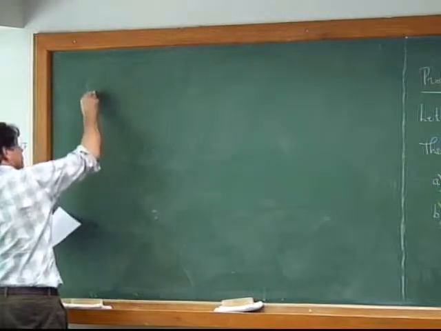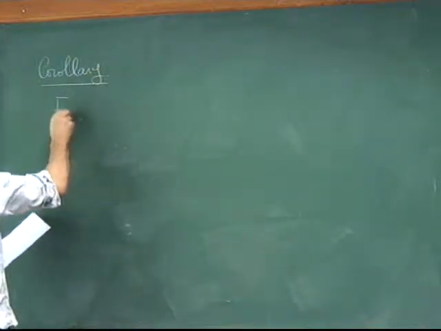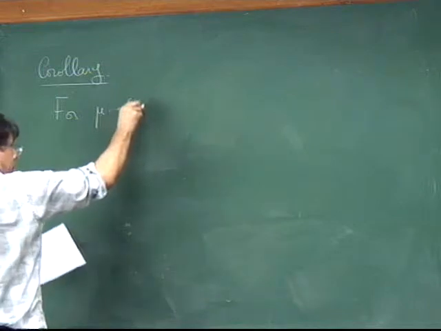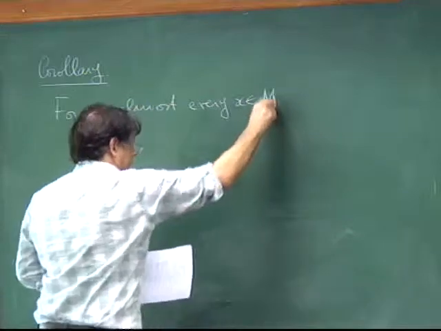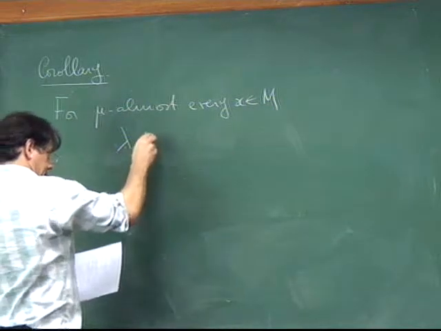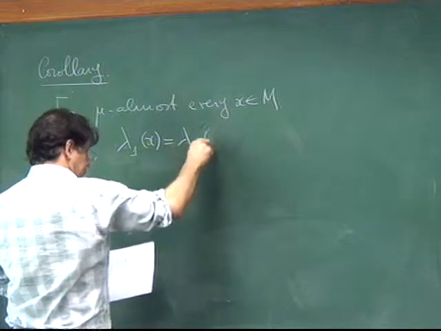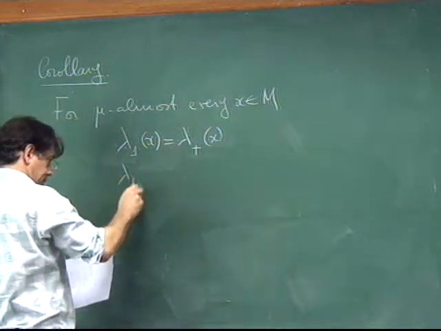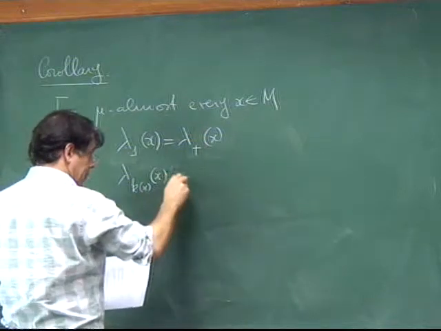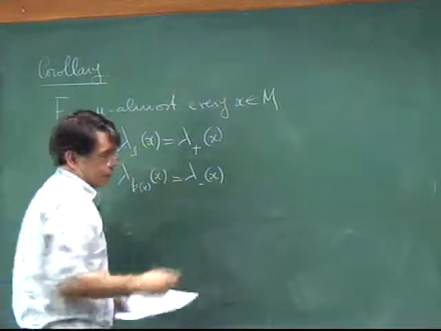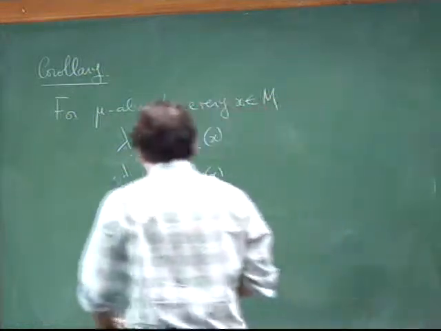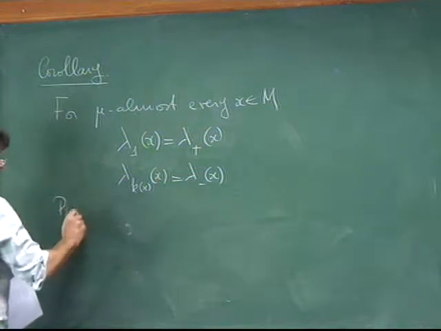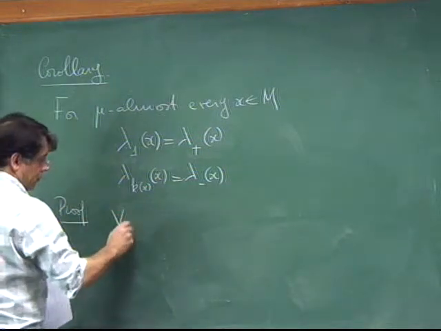Corollary: for mu almost every x, lambda 1 of x is lambda plus, and lambda k of x is lambda minus. Okay. The proof: you just take Vx to be everything.